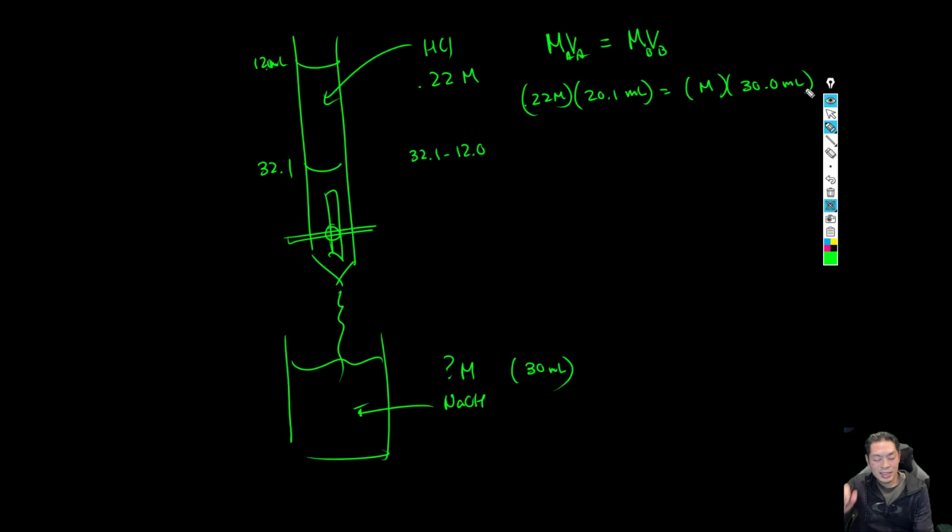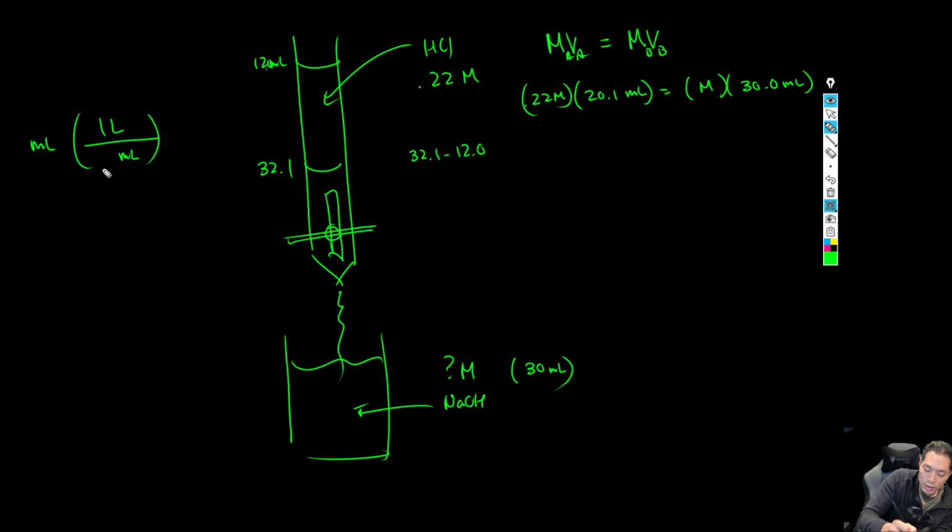Now, you really should convert these to liters. That's kind of what will work, but you could get away with not doing it, because how would you convert milliliters to liters? Well, you have 1 liter on top, 1,000 milliliters on bottom, and you multiply across.